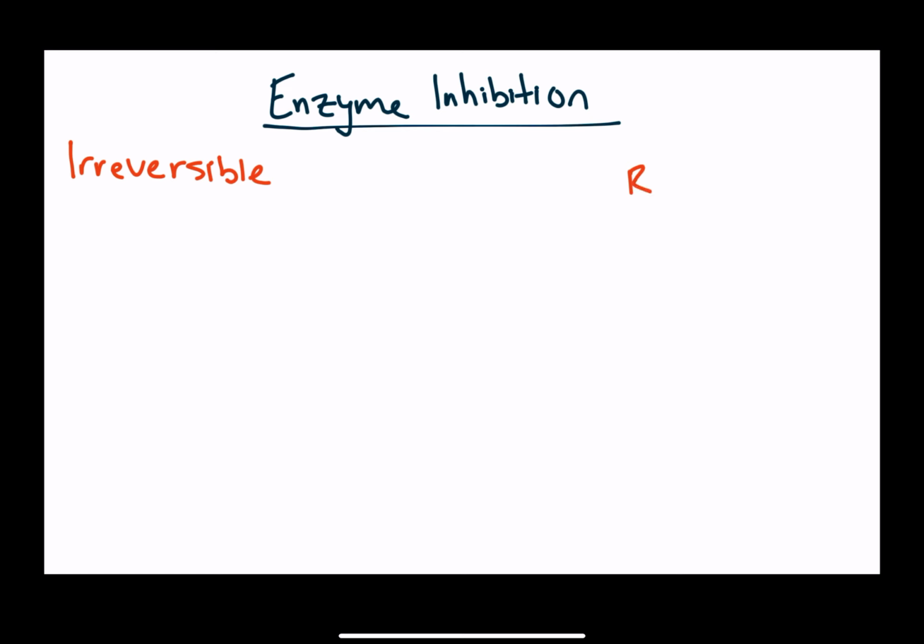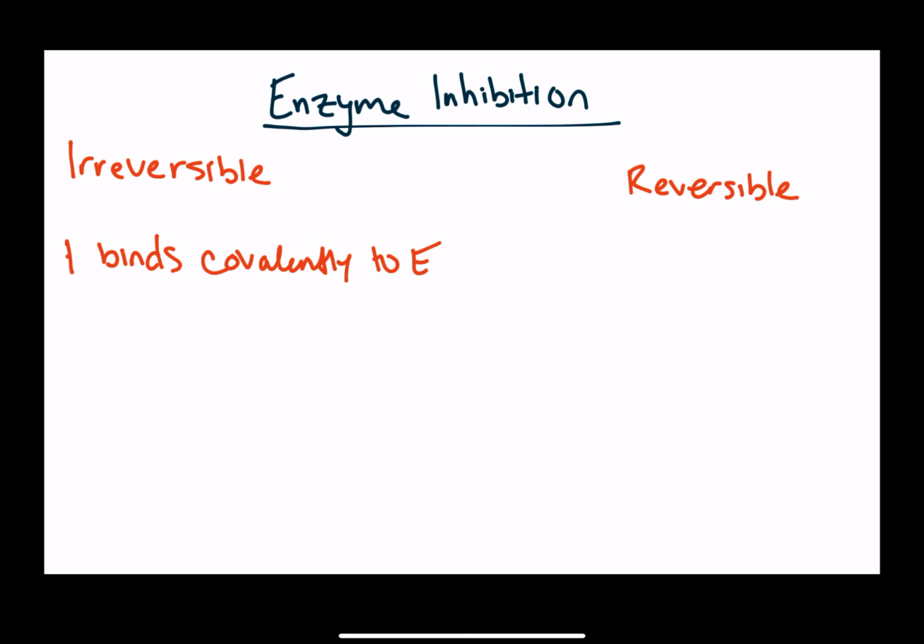The topic that I will be going over today is enzyme inhibition, and I wanted to start with classifying the two main types of enzyme inhibition. So there is irreversible and reversible inhibition.